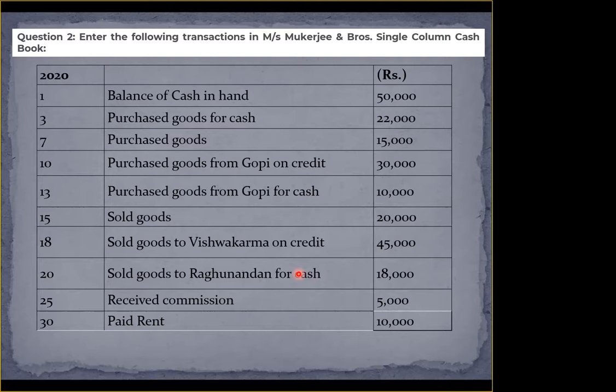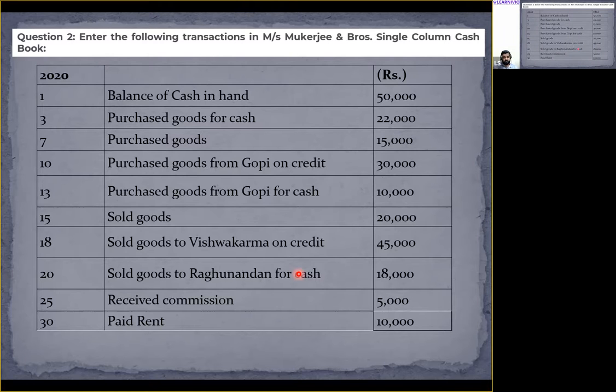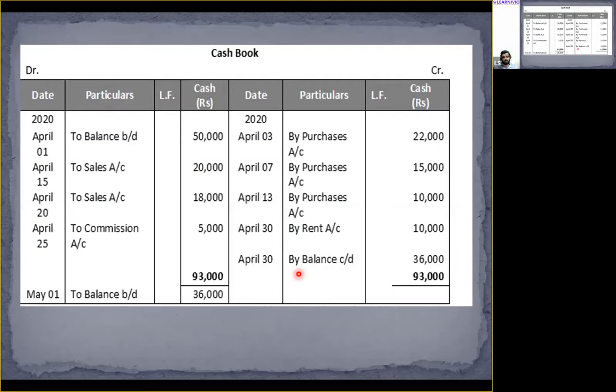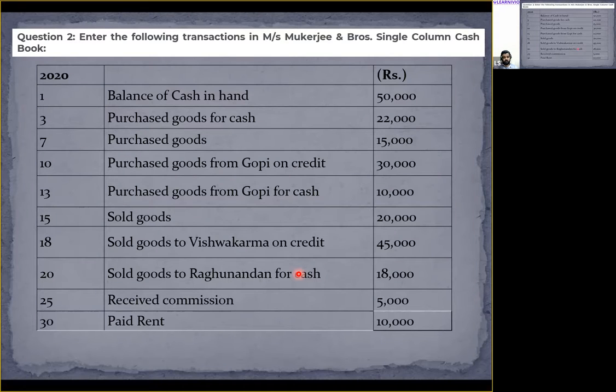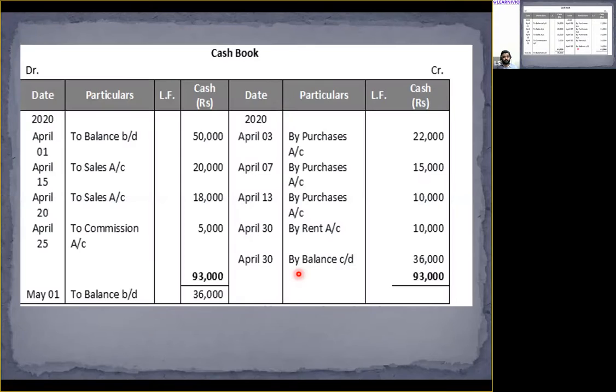Whenever we sell goods on cash, we write to sales account 18,000. After that, on the 25th, we are receiving the commission. Commission is a kind of income, and it leads to the inflow of cash. So it will be recorded on the debit side to commission account 5,000.